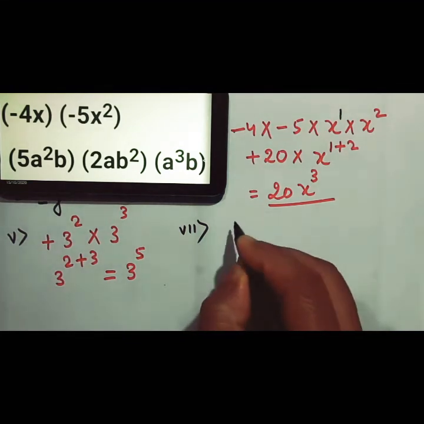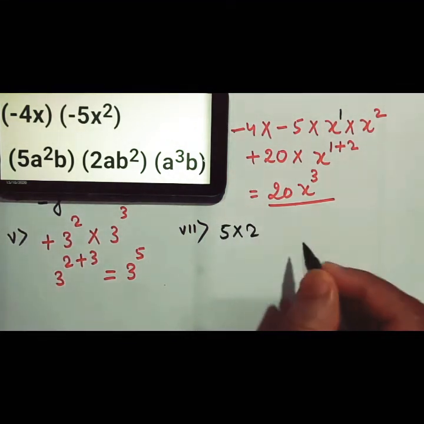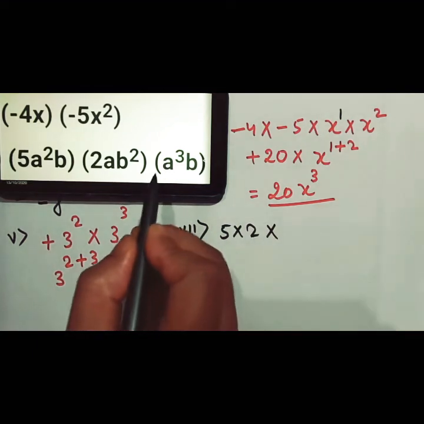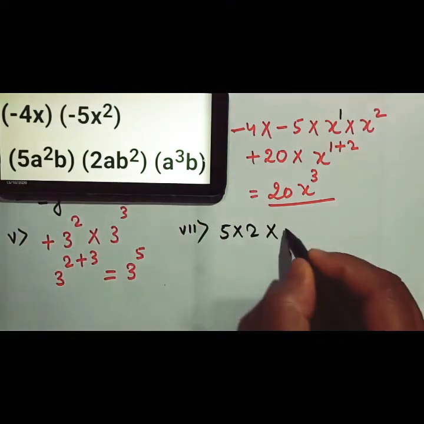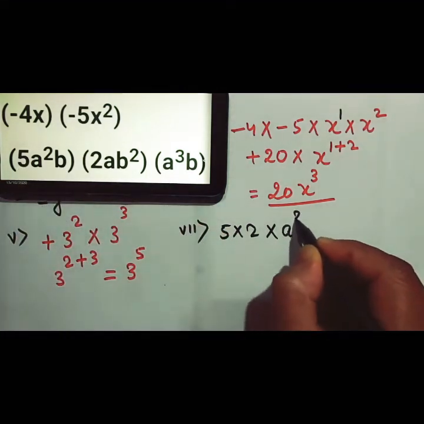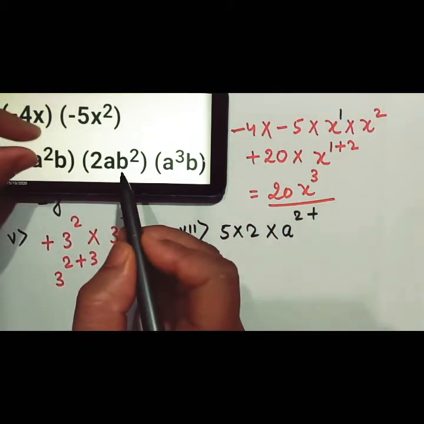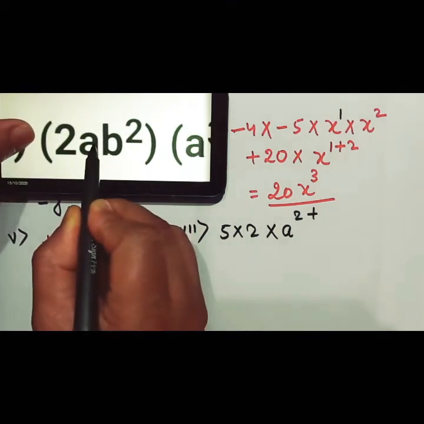So let us first multiply the numerical values 5 into 2 and then multiply the same variables, that is a to the power 2 plus, here the power of a is 1.